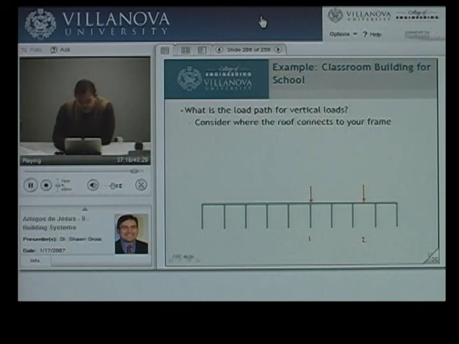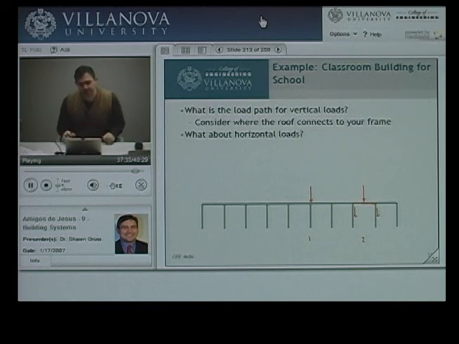In case 2, I have to design this beam to handle, or that segment of the continuous beam to handle, the load which ultimately gets transferred out to these two columns. So I have to consider things such as, again, the framing plan, whether it's a one or two or three-story structure. What about horizontal loads?